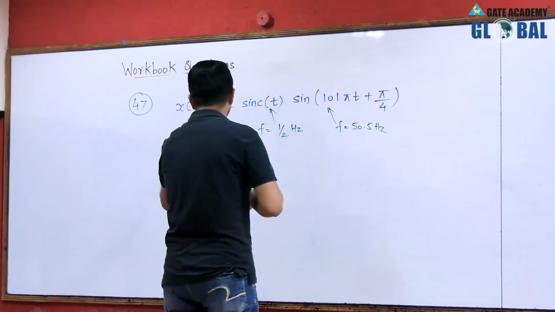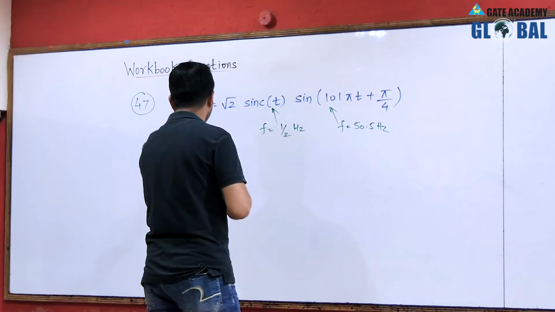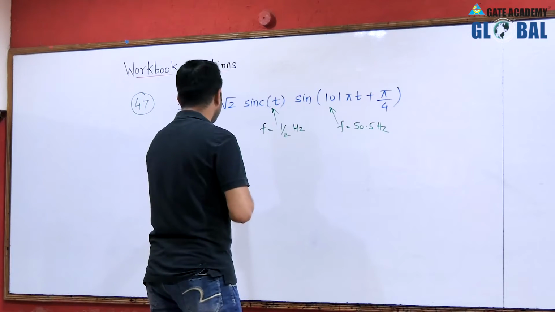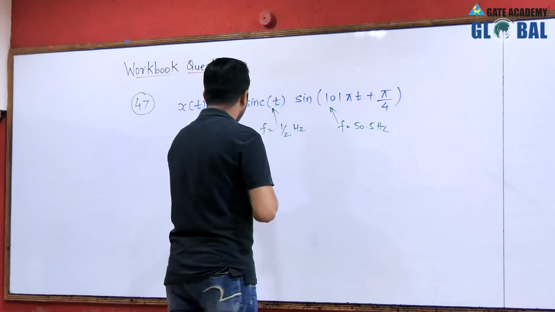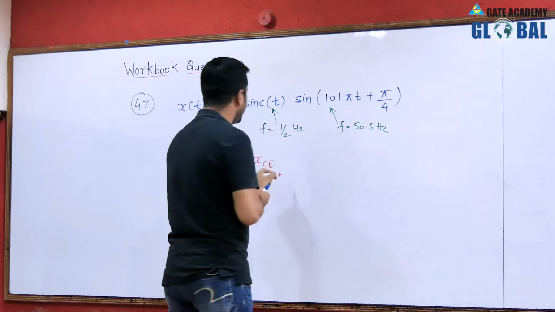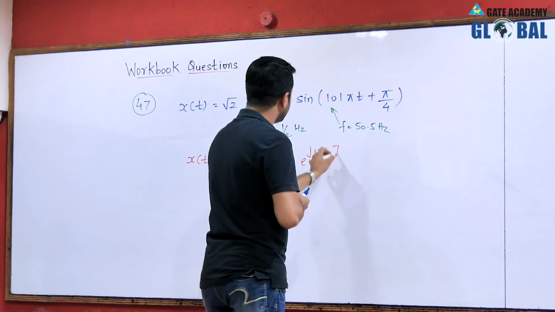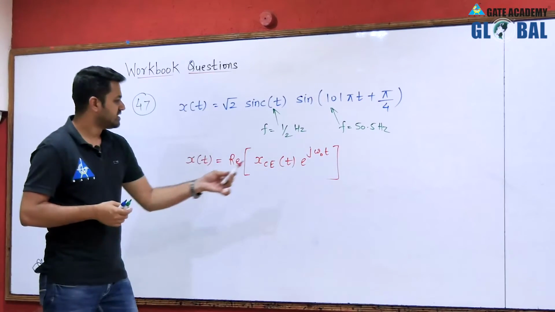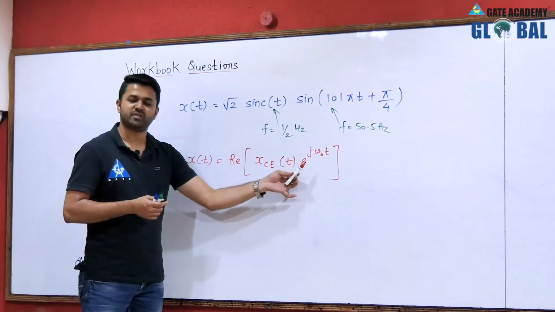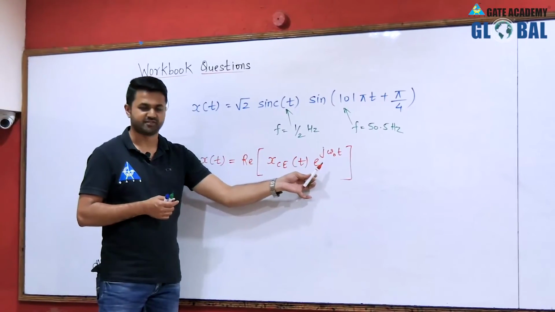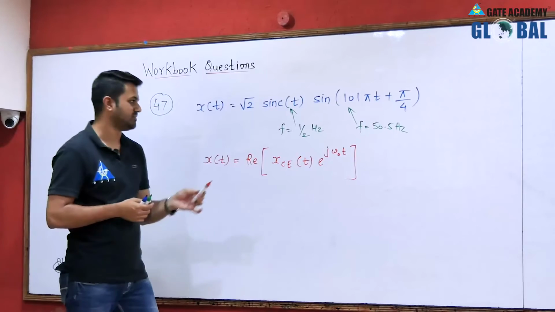I am solving this question by this method: any bandpass signal can be represented in terms of complex envelope as the real part of xc of t e to the power j omega naught t. The coefficient of this center frequency function gives the complex envelope.